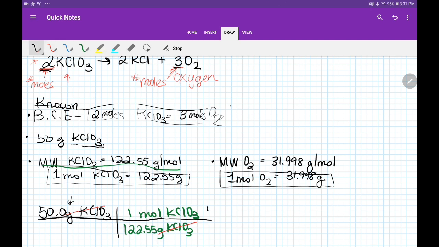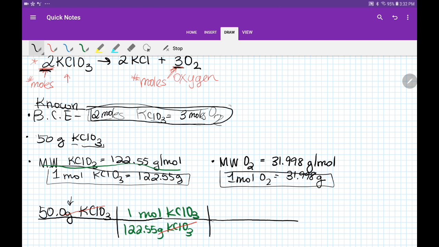Anytime we want to compare two different chemicals, we want to do that by comparing numbers, and moles is the way that we count. Moles is the numbers. Grams are masses. Those are not numbers. Now we want to convert moles of KClO3 to moles of O2, and we're going to do that with our balanced chemical equation, which we already thought about.